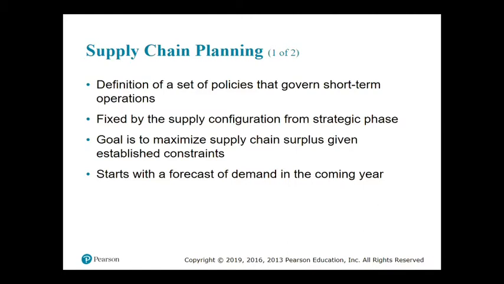And it starts with forecasting of demand in the next quarter to next year. And so companies in the planning phase generally try to build in as much flexibility as possible into the design phase and exploit this flexibility to maximize the performance.